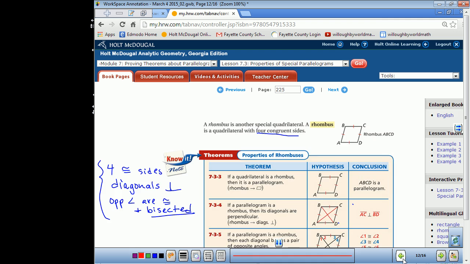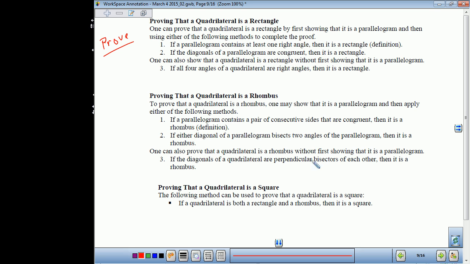So when we come back and we look at the sheet from yesterday, here it is. How do we prove that a quadrilateral is a rectangle? Well, if we prove it's a parallelogram, then we only need to add one thing. So, if a parallelogram has at least 1 right angle, then it's a rectangle. So if we can pick one of those 6 things from parallelogram that we've already went over, and show it has a right angle, then we've proven it is a rectangle.